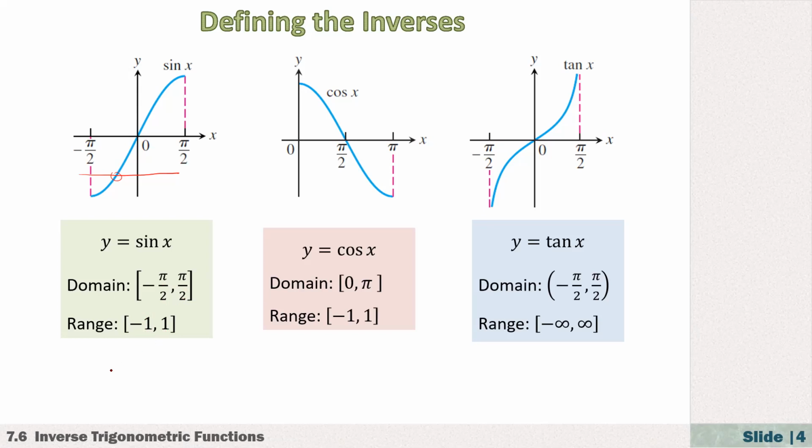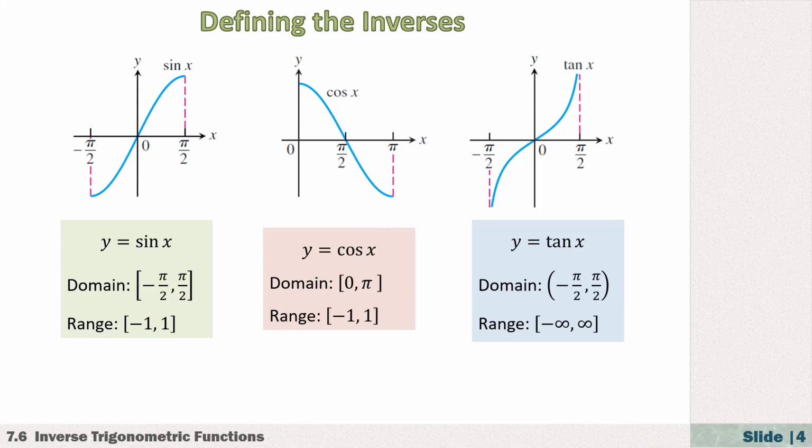So how about the cosine function? We know it is an even function. If you define it over the interval from minus pi over 2 to pi over 2 like sine, the graph is not the graph of a one-to-one function. But if you consider the cosine function over the interval from 0 to pi, if you draw any horizontal line, it is a one-to-one function.